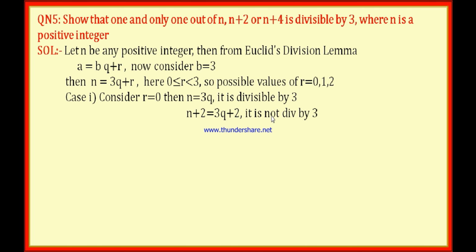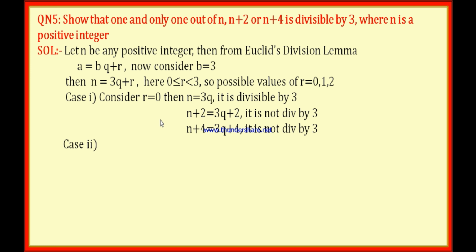Since plus 2 is there, it is not divisible by 3. And the third value is n plus 4. n plus 4 means 3q plus 4. Since it is 4, it is also not divisible by 3. Therefore, in the first case, when r is equal to 0, out of n, n plus 2 and n plus 4, only n is divisible by 3. Only one value is divisible by 3.